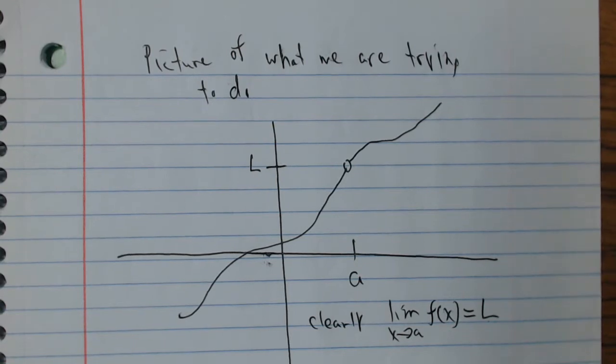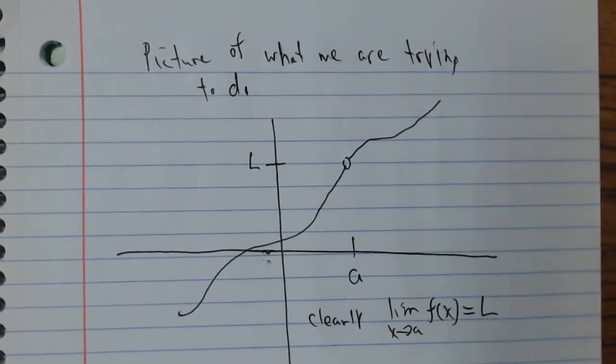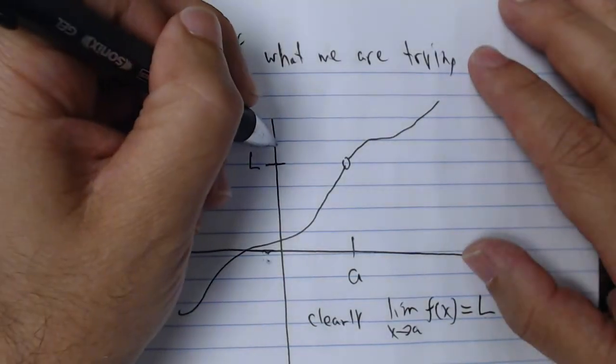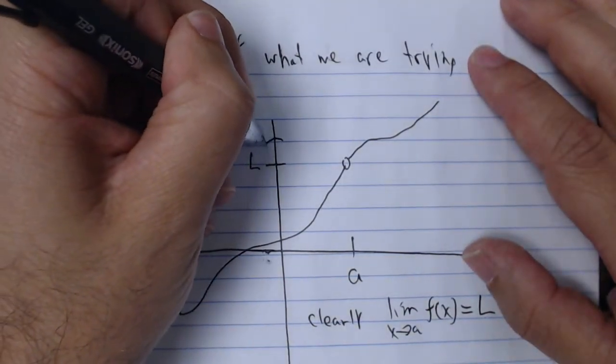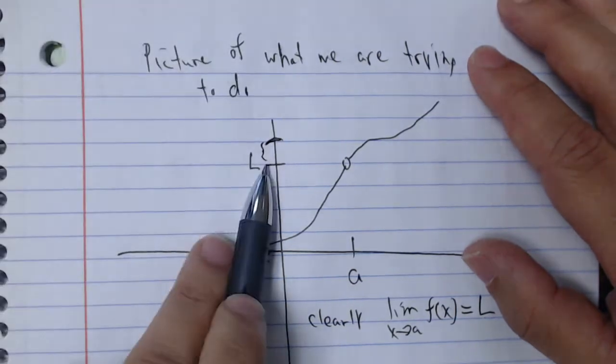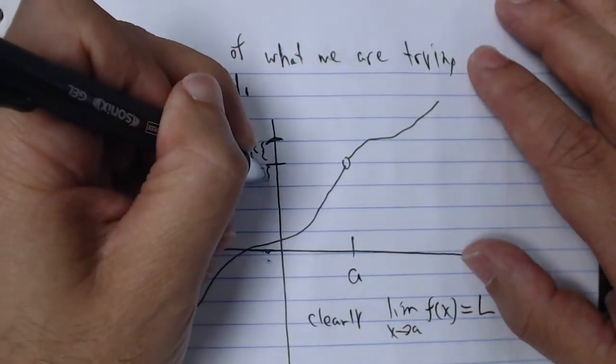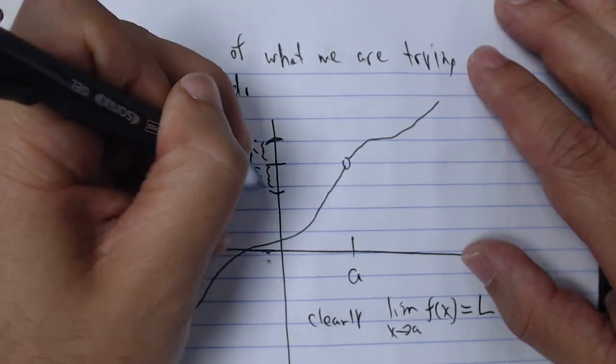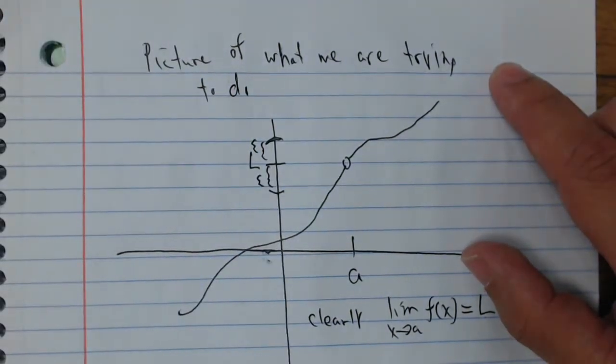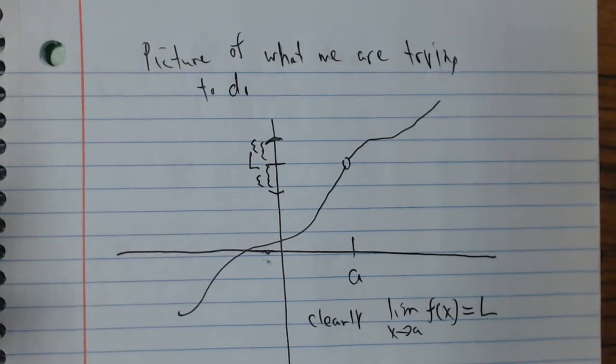We defined epsilon as some positive distance. Let's pretend that the distance from L to this random value I drew is epsilon. And since we're talking about distance, I need to go in both directions. So this is epsilon, and notice how epsilon is greater than 0.